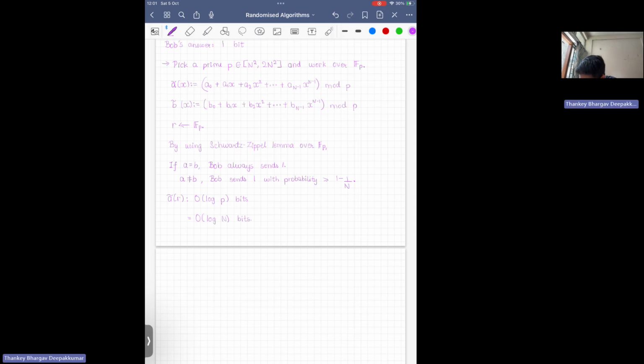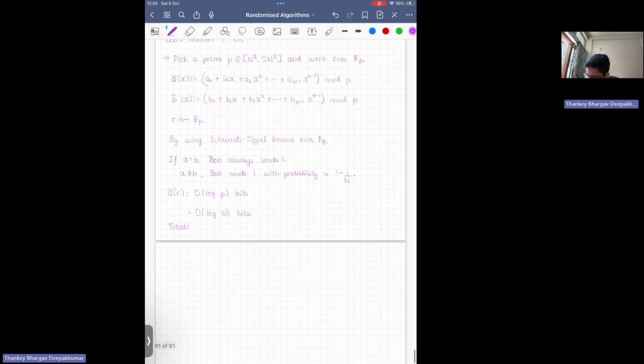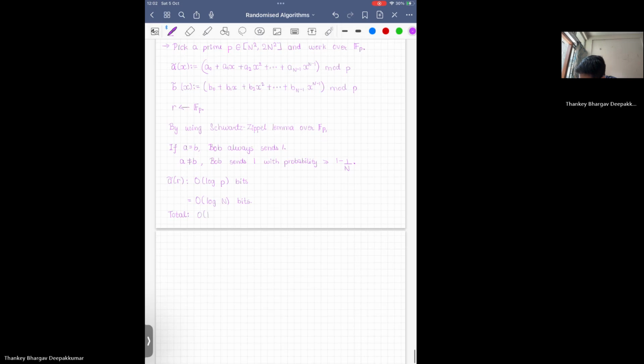So the total is order log n plus order log n plus 1, so that's order log n. By just communicating order log n bits, Alice and Bob can find out whether A and B are the same or not with probability at least 1 minus 1 over n, which is good, right?